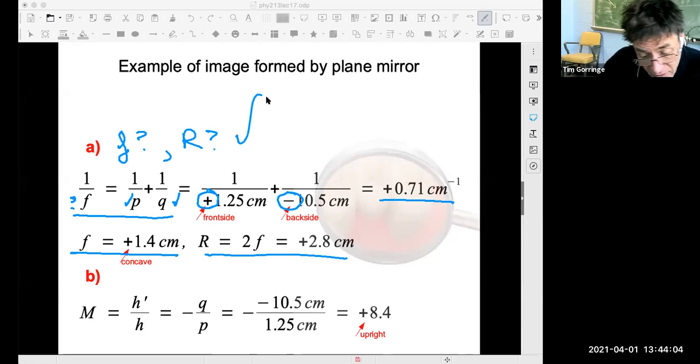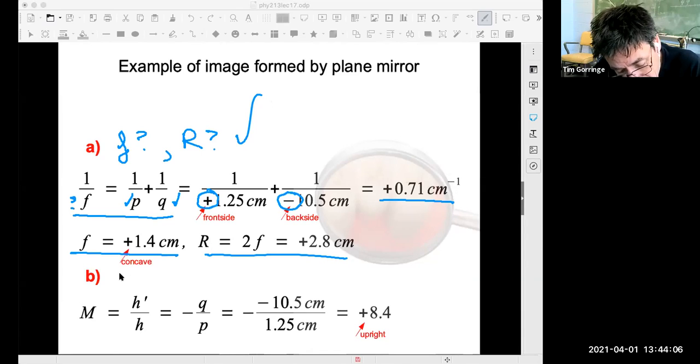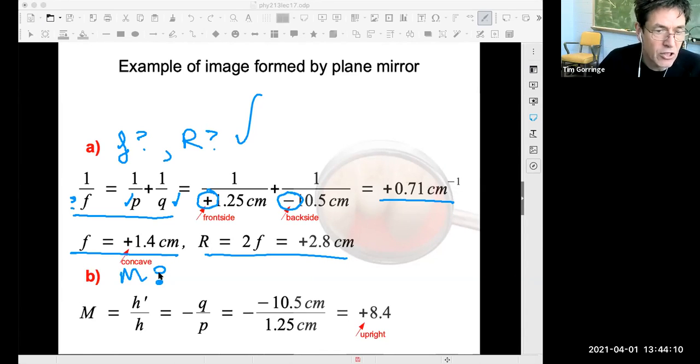Part B asks us about the magnification. Well, we can just use the magnification equation. And interestingly, we don't actually need to use the focal length in the magnification equation. It's just determined by the image and object positions.